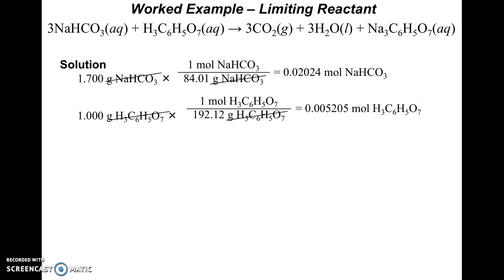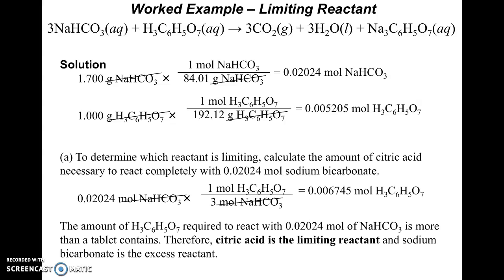And so here's the math for this. You're starting out with the 1.7 grams of sodium bicarbonate. You see how many moles that is. And you have 1 gram of your citric acid, and you see how many moles that is. And then to determine which is limiting, you calculate the amount of citric acid necessary to react with all of the sodium bicarbonate.